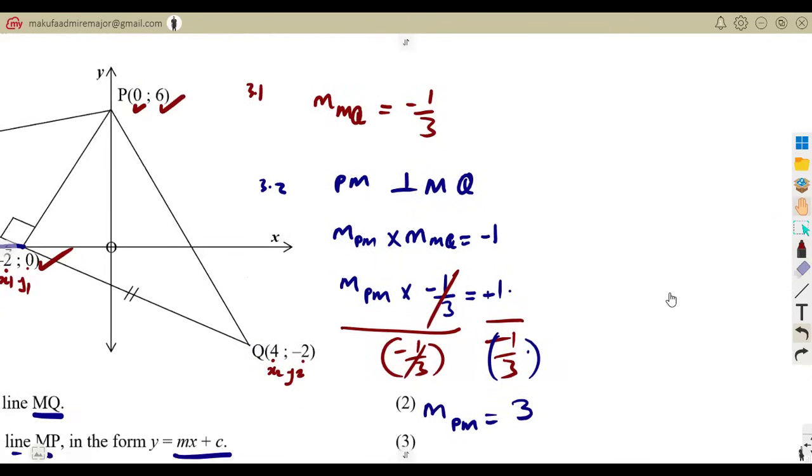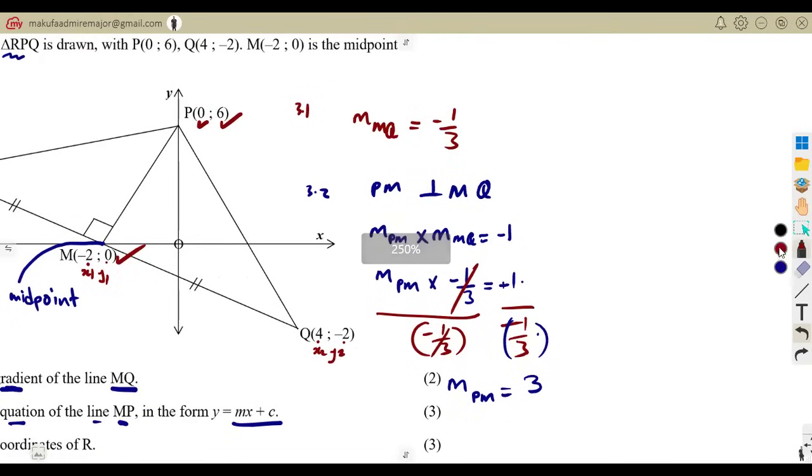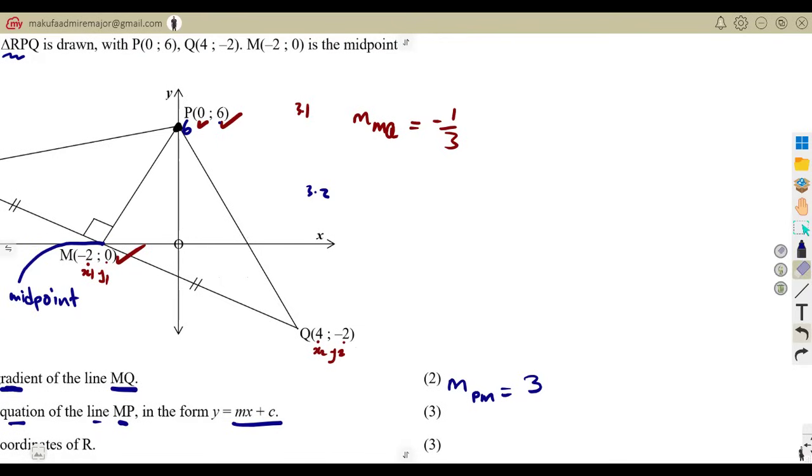So as we can see, we have the gradient. What about the y-intercept? The y-intercept is already there for the line PM or MP. Where the line crosses the y-axis, it crosses at the point (0, 6). So the y value there is 6. Therefore, the equation of the line MP is y equal to the gradient, which is 3x.